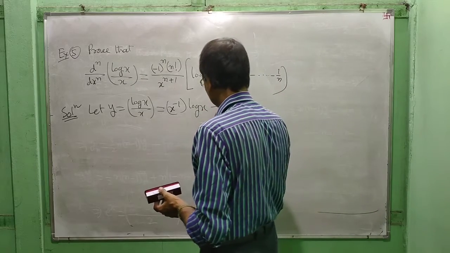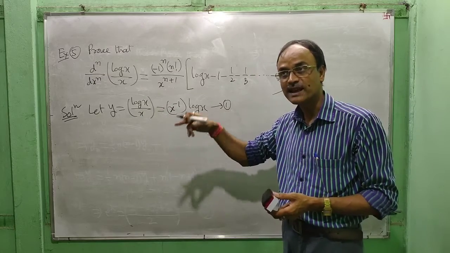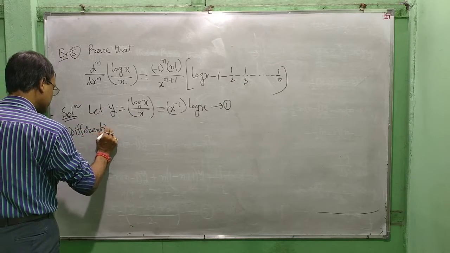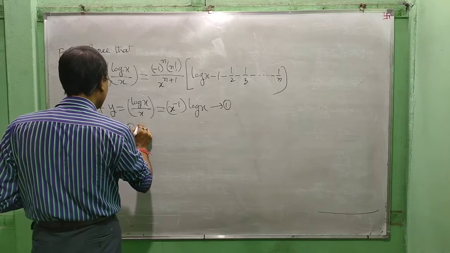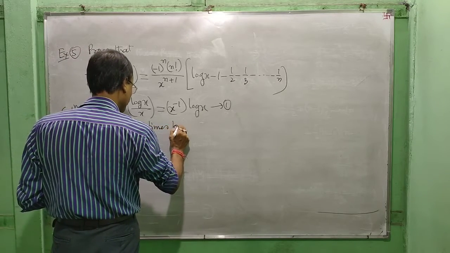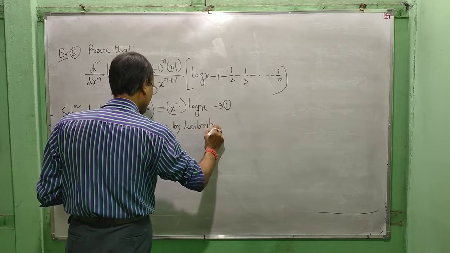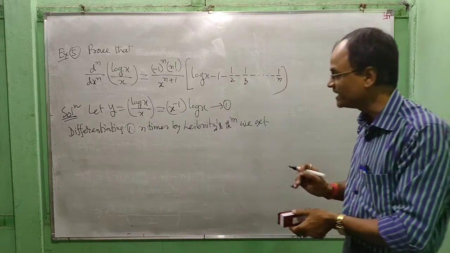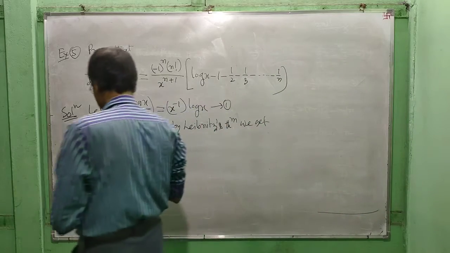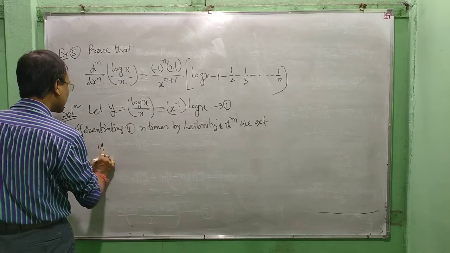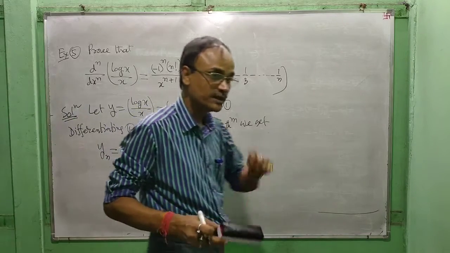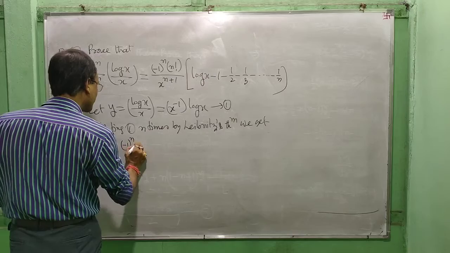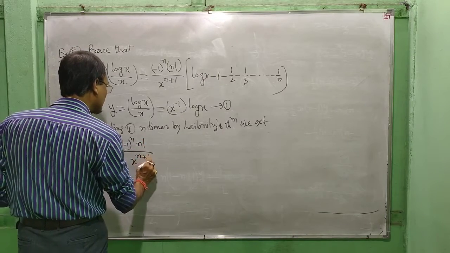Now, suppose this is number 1. Differentiating 1 n times by applying Leibniz theorem, we get yn, this is equal to x to the power minus 1, the nth differentiation of these, minus 1 whole to the power n factorial n divided by x to the power n plus 1.